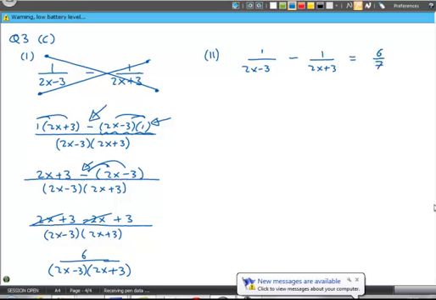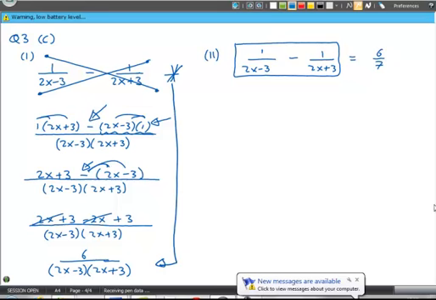What I would like you to notice is this portion here we have already simplified. It's that bit there. So I can replace what's on the left hand side with 6 all over 2x minus 3, 2x plus 3 is equal to 6 over 7.